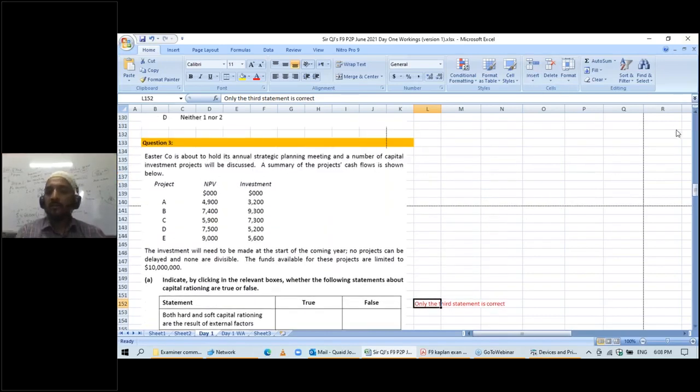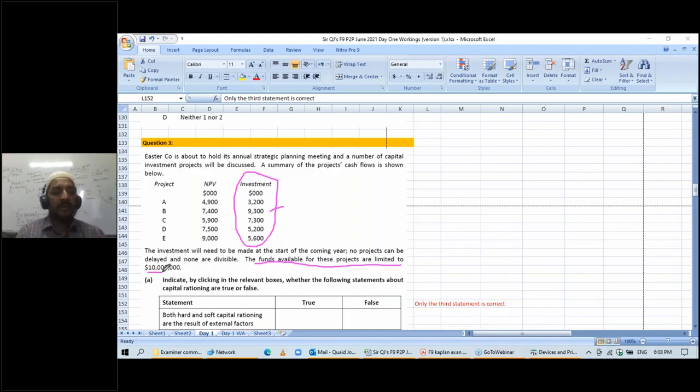In this question, if you see the investment amounts, the investment amount is a lot more than the funds available for these projects.